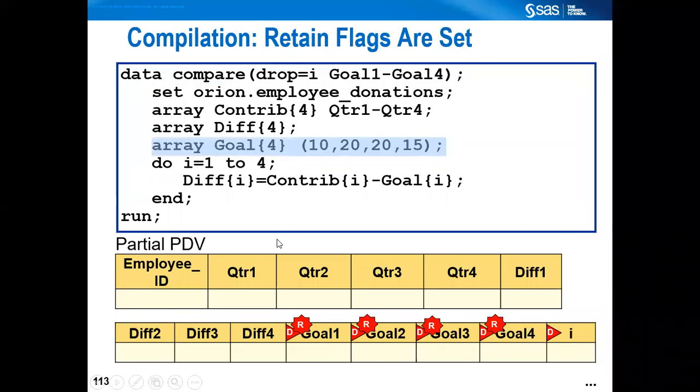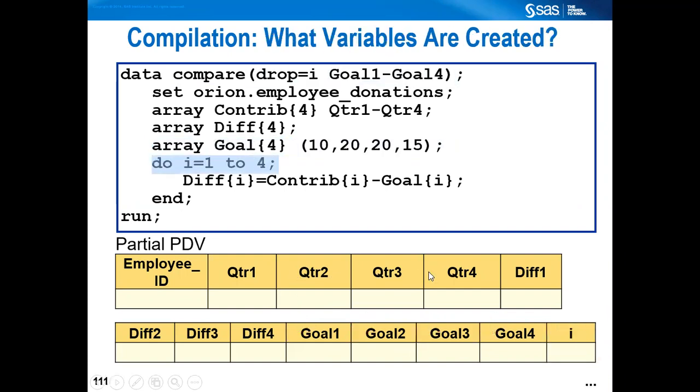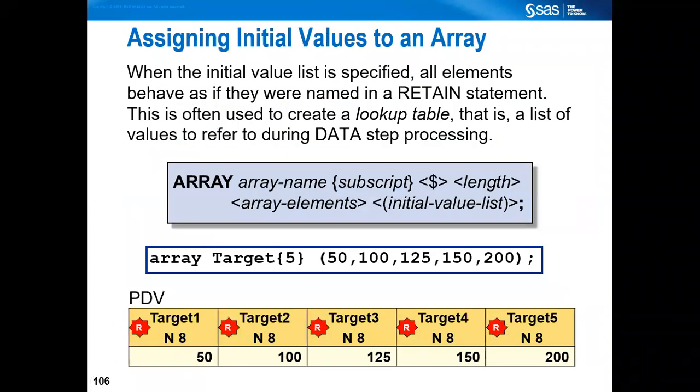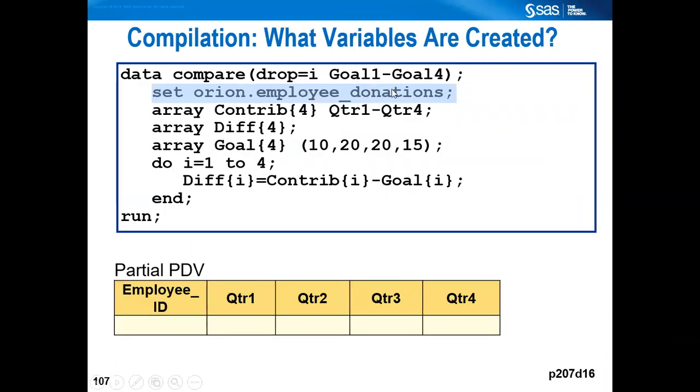Ashwini, I have one query. In array contrib, quarter 1 to quarter 4, we are giving those column names. Those quarter one and quarter four are existing in employee donations already. Yeah, these are the columns, right? So when it was highlighting this, that means this data set has been read.